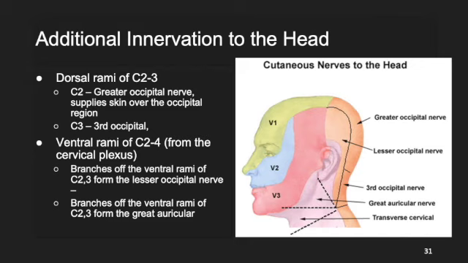Ventral rami C2 through 4, and think about what ventral rami do, that's going to be offering innervation from the cervical plexus. We kind of went over that last semester as well. And what you need to understand here is where each of those go and what each branch actually innervates.